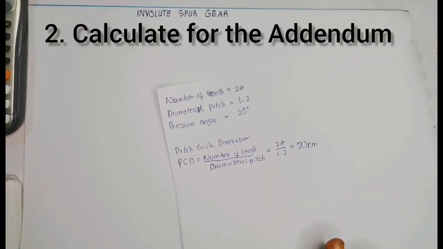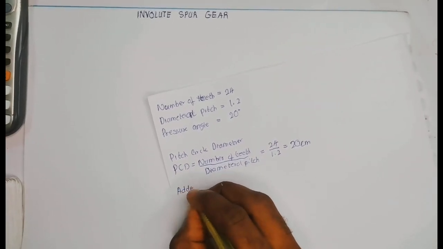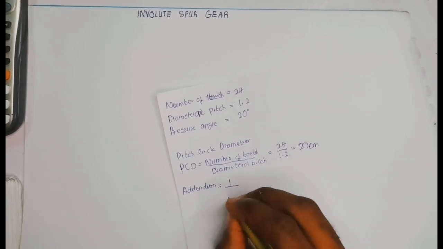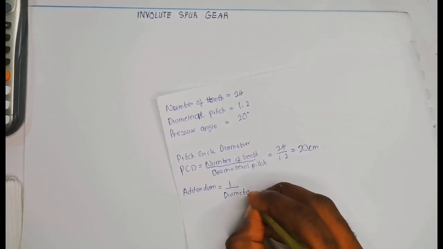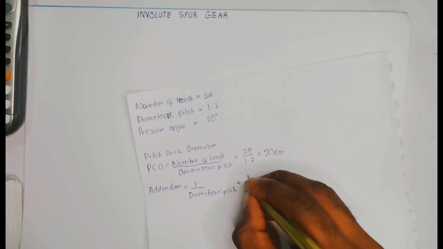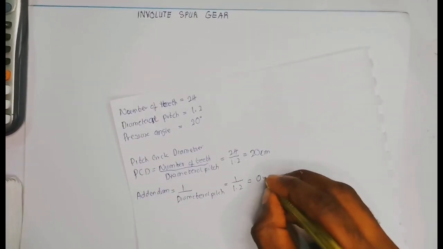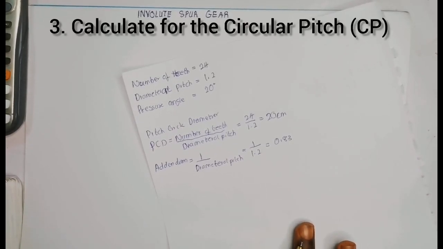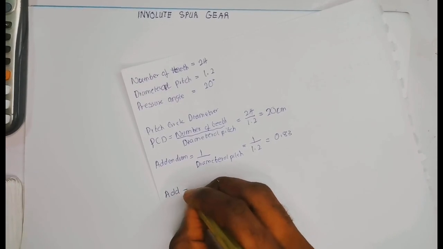So next we calculate for our addendum. And the formula for addendum is 1 all over the diametral pitch, which is 1.2, which is 0.83. Next we calculate for our CP. Let's abbreviate addendum as ADD.